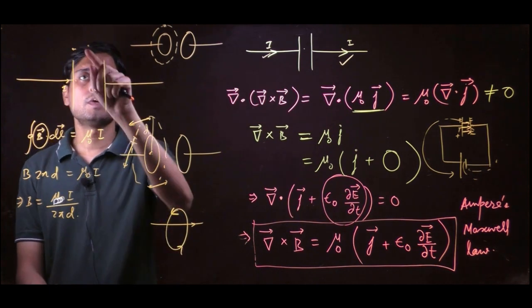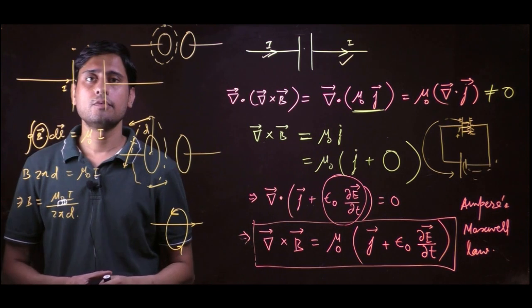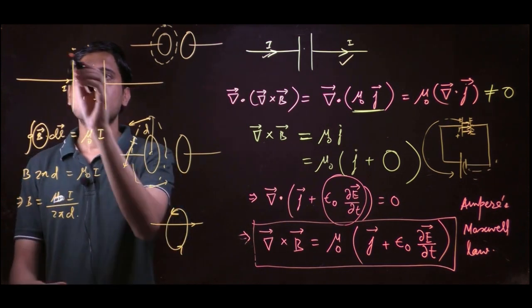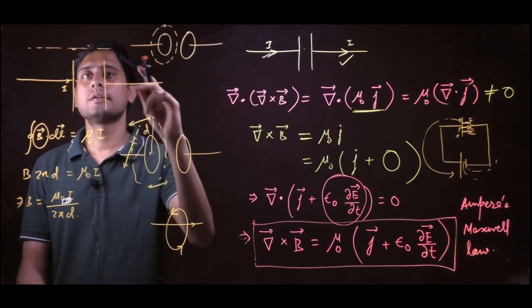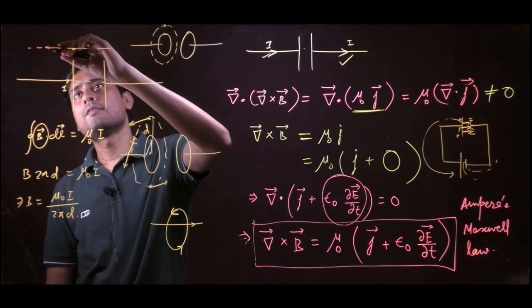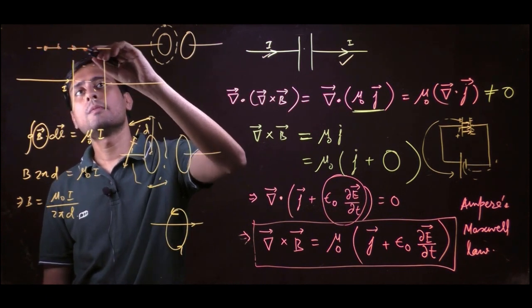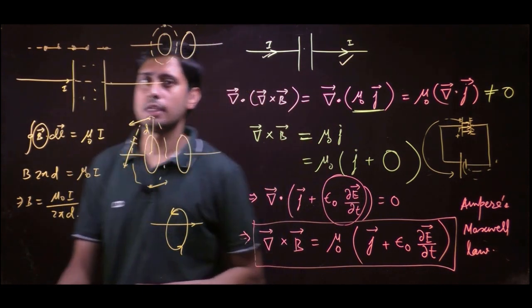So the magnetic field must be 0. But when you do it experimentally, you find that if you are at the same distance from this axis, then the magnetic field here and at every point on this line is the same.